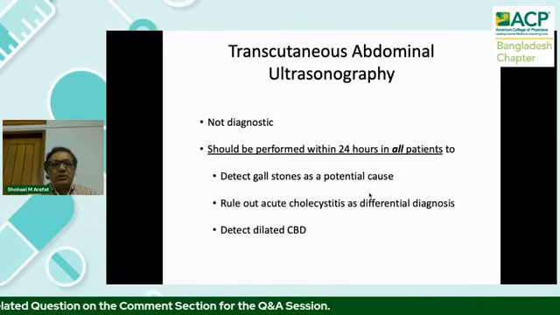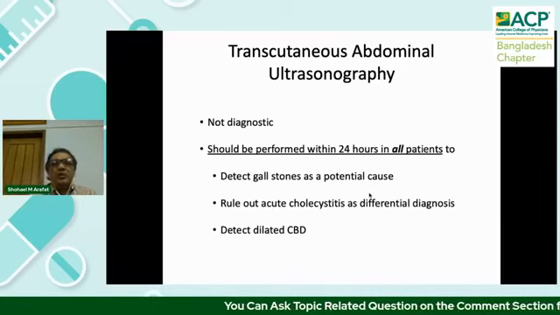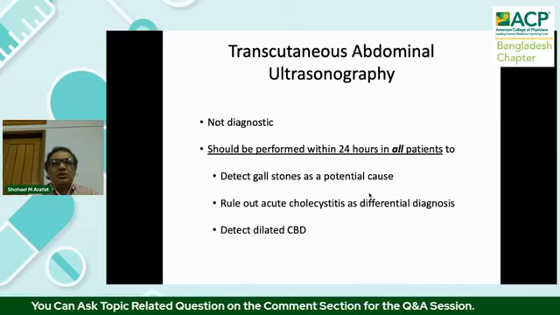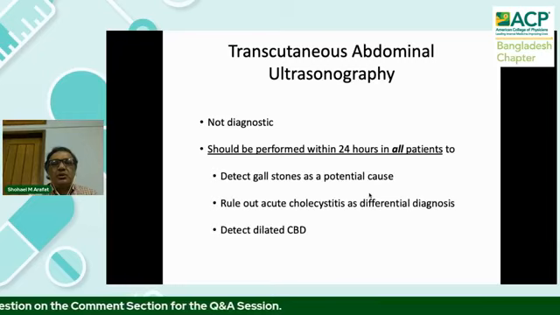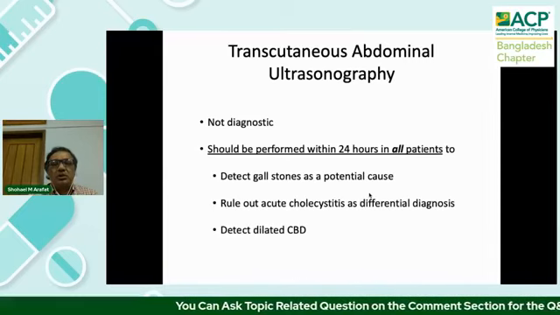But the main economical and important imaging investigation is the transcutaneous or abdominal ultrasonography. Very good sonologists sometimes give some clues, but it is mostly important to rule out gallstones. We already said the most common cause of pancreatitis is gallstones.